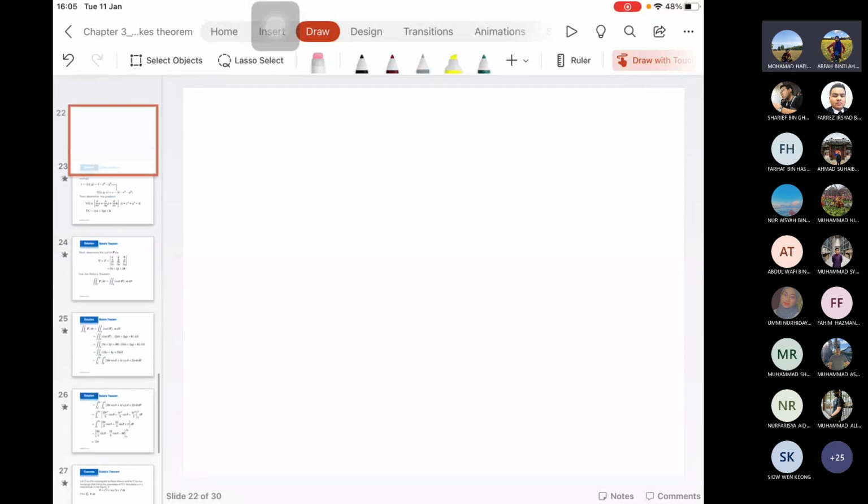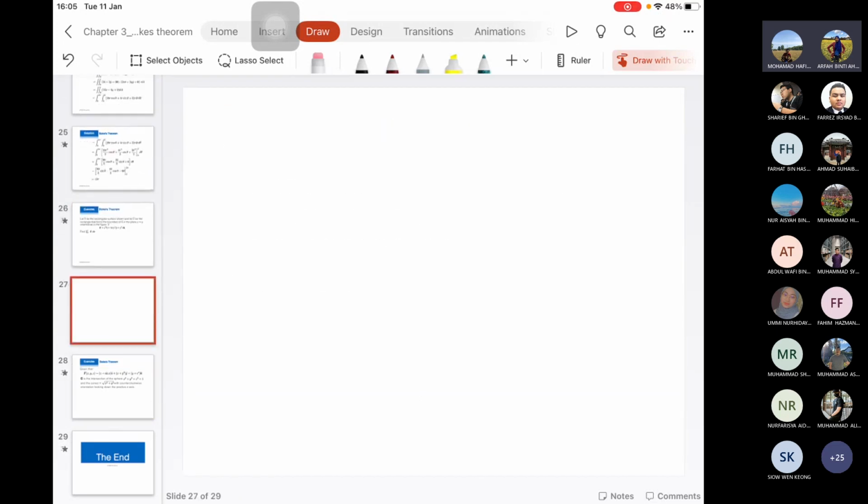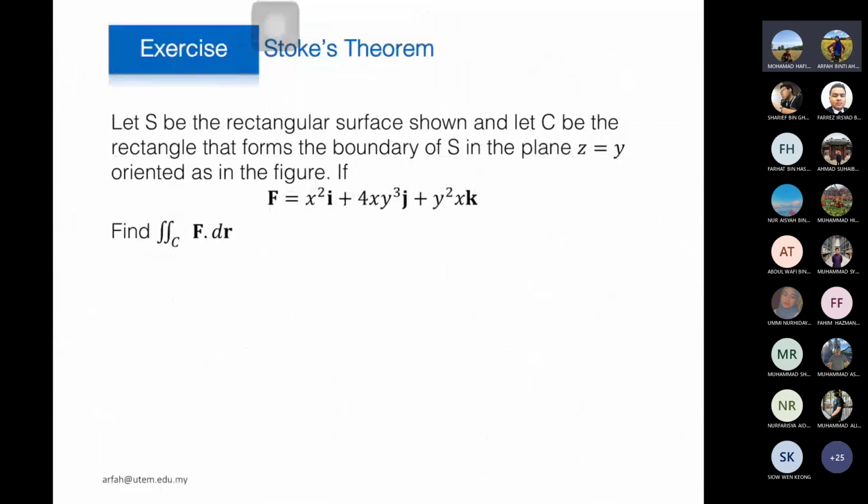So let's take a look into another example in how we are going to solve for this question. Okay, so soalan ni sebenarnya ada rajah tapi saya lupa pula nak letak. Okay, so let S be the rectangular surface shown. So kejap lagi saya lukis.